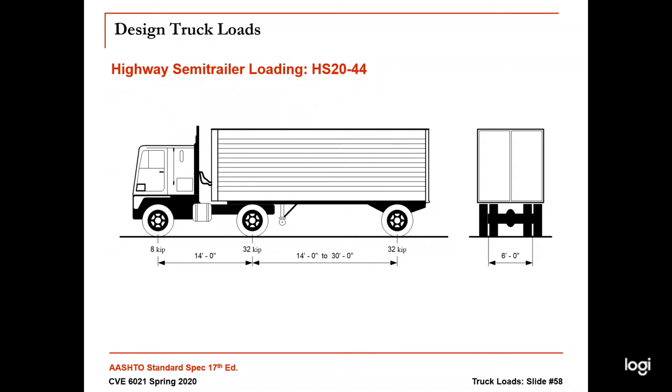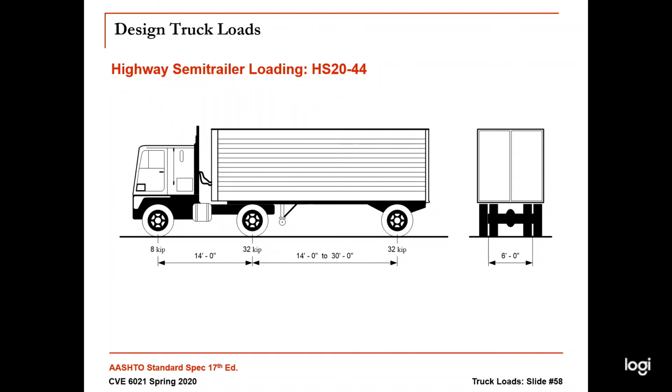All right, then the next step is the loading, and this is the HS20 loading that we're going to apply. So it's basically a load that represents a semi-truck, a highway semi-truck, HS, and the loads are given there. So we have 8 kips for the first axle, 32 kips for the center axle, and 32 kips for the rear axle.